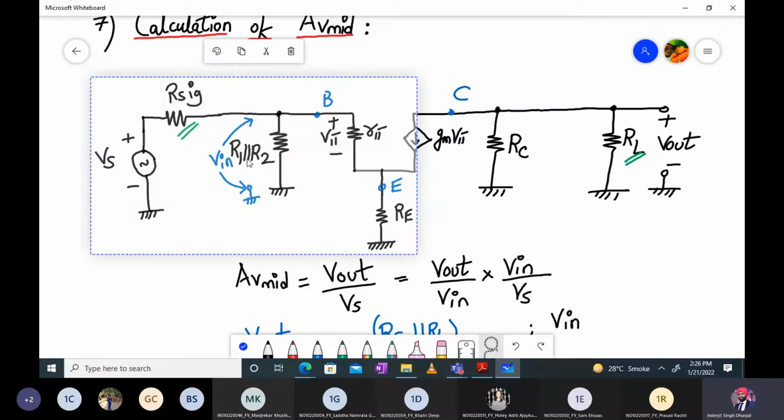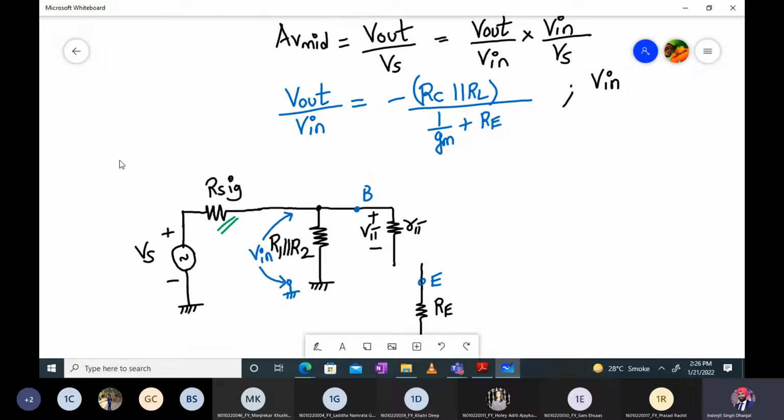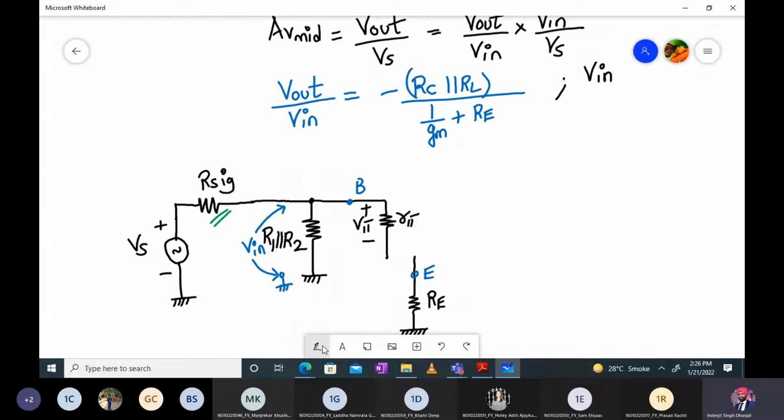Okay, I'll copy this and I'll paste it below so that the analysis becomes simpler. Okay, so let me add it over here again. Okay, fine. Now how do we analyze this part? Anyone has any ideas? Yeah. So how do we analyze this part?